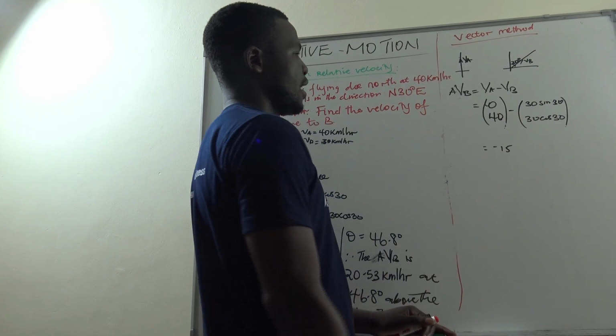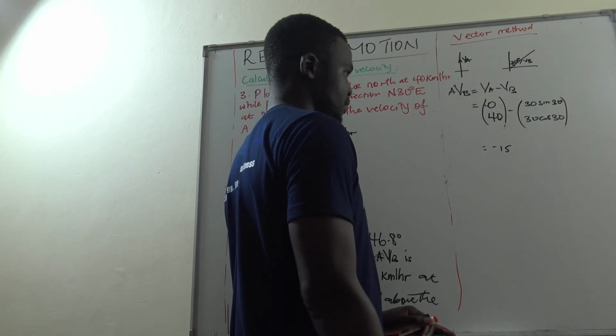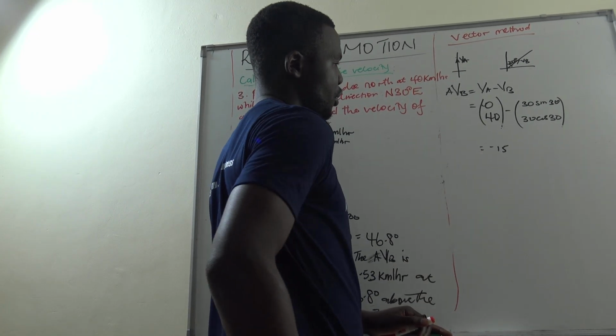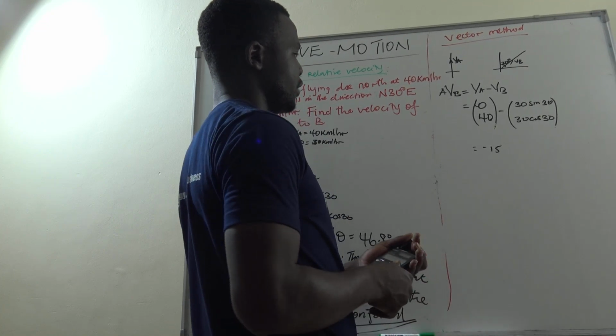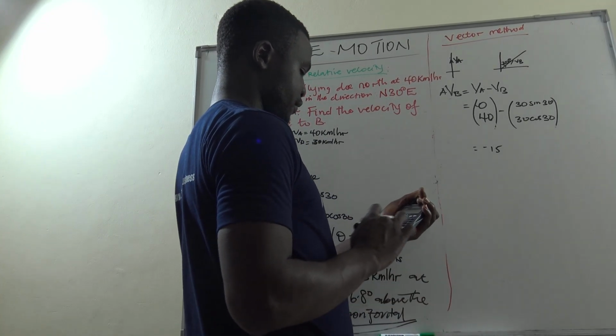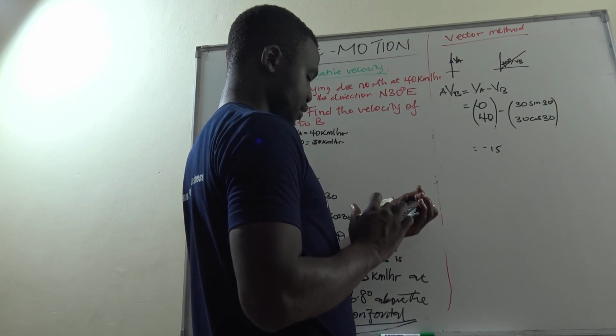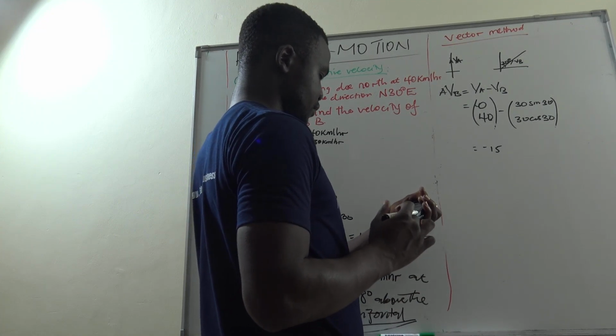Sine 30 is a half, so 30 times half is 15. So 0 minus 15 gives negative 15.